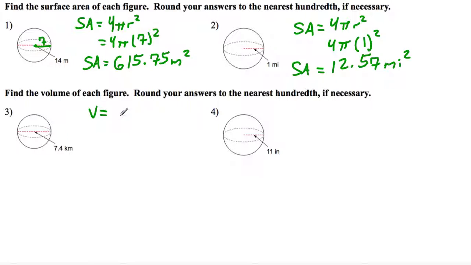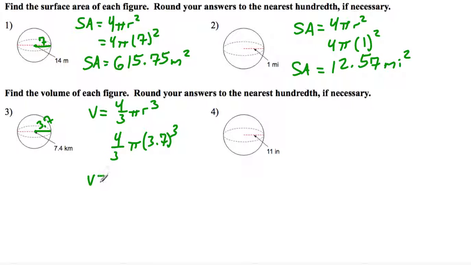Volume is going to be 4/3 pi r cubed. So we have this 4/3 pi. Now here the diameter is 7.4, so the radius is going to be half of that, which is 3.7. So that's a 3.7 cubed.